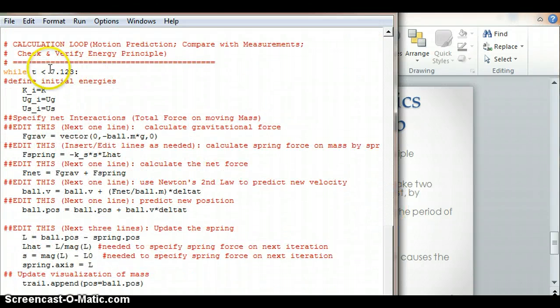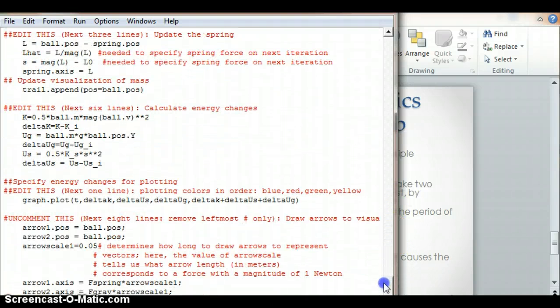The total time period of oscillation we have is 7.123 seconds, and the F net is equal to the force of gravity plus the force due to the spring. Here is the kinetic energy, the gravitational potential energy, and the spring potential energy.